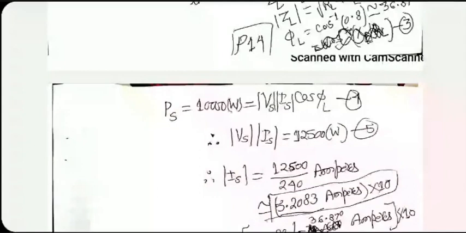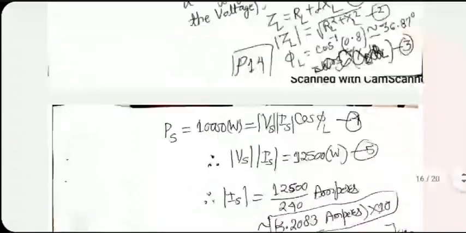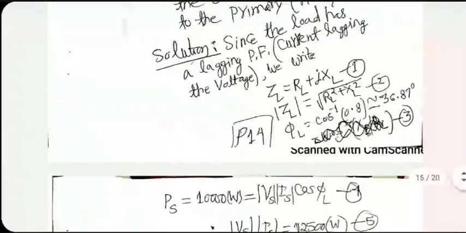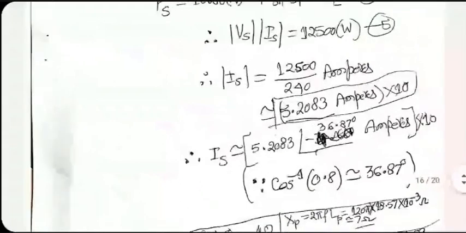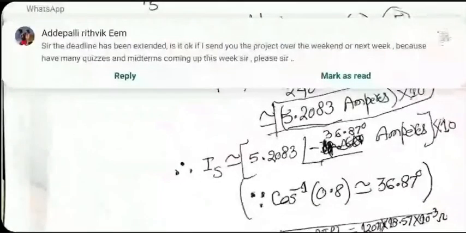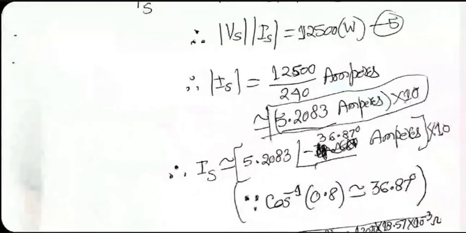So from there you can calculate magnitude of secondary current. And the angle of secondary current is going to be minus phi L. It's a lagging power factor, so minus sign will come. So the complex value of current is what magnitude you calculated followed by the angle minus 36.87 degrees.